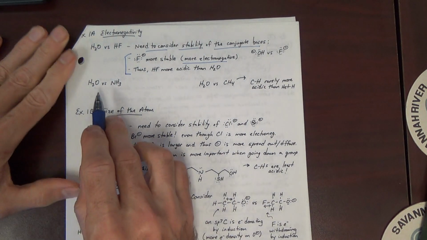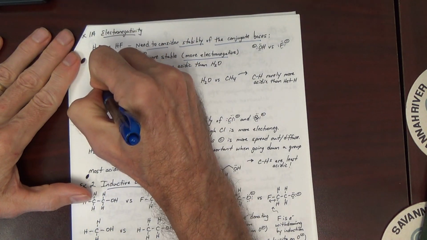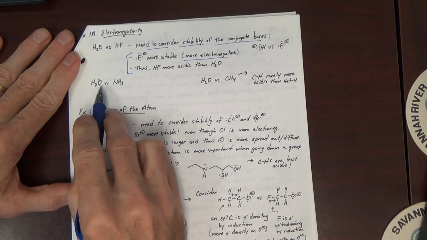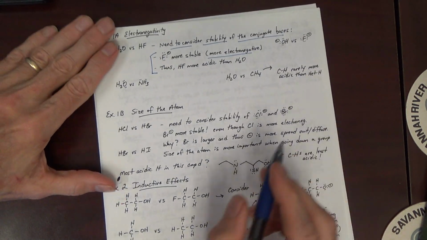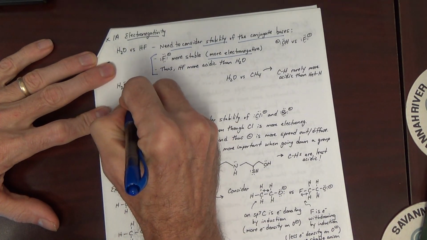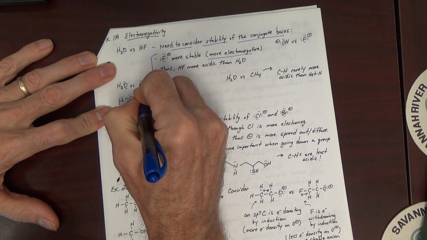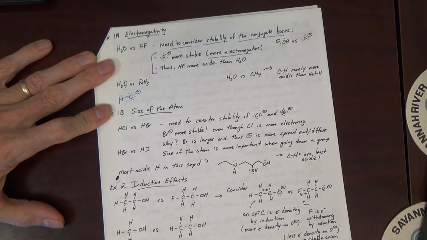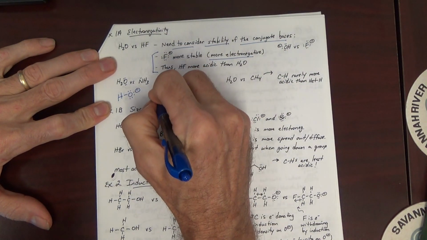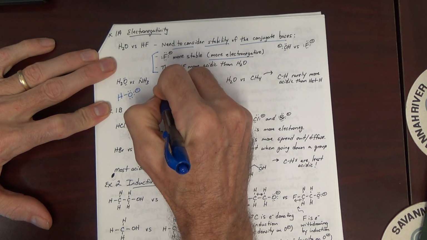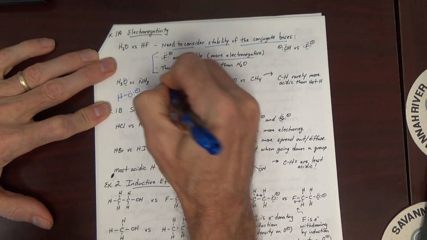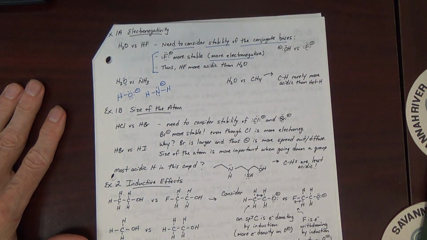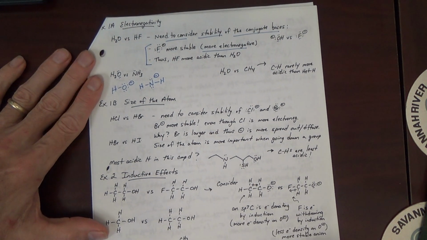Next example, water versus ammonia. Conjugate bases. Well, the conjugate base of water is hydroxide, just as above. The conjugate base of ammonia is, of course, NH2 minus.